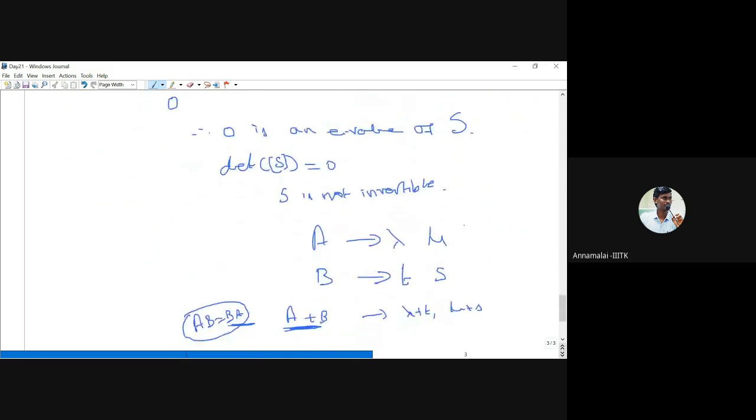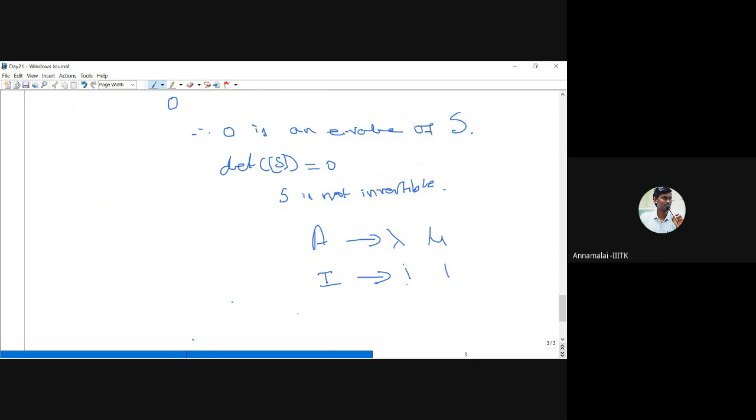But it always holds if we take one matrix as T and the other one as the identity matrix. In general this is not true. Simply, suppose A is a matrix whose eigenvalues are lambda and mu, and B is a 2 by 2 identity matrix, whose eigenvalues we know are 1, 1.